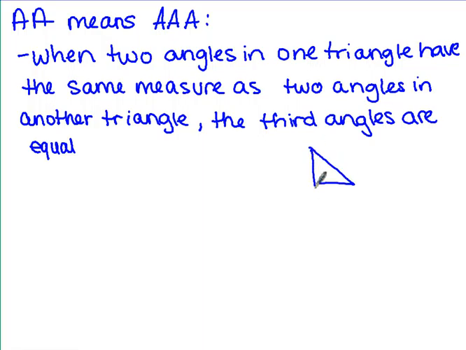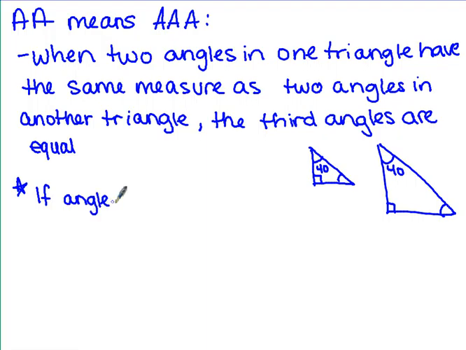So if we have two triangles, it doesn't matter how big or how small they are. If these angles are 90, and these angles are both 40, then that means the third angles have to be 50. Remember, if angles are equal, sides are also equal.